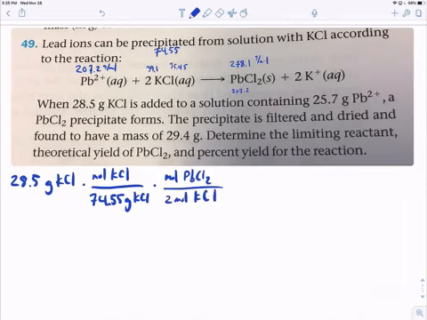I'm getting that from the balanced chemical equation, times 278.1 grams PbCl2 to mole PbCl2.